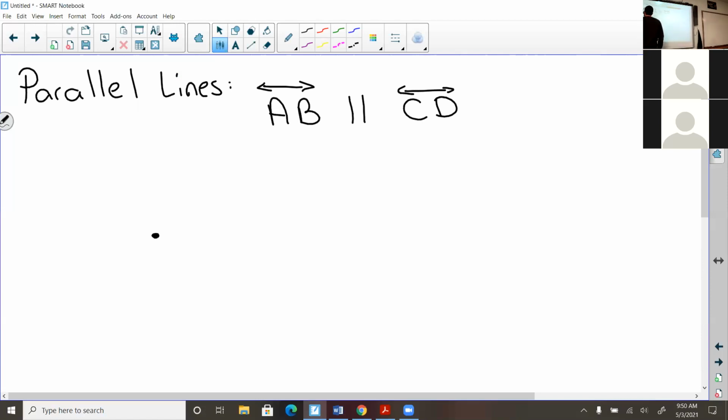To draw this situation, that means I have something like this going on. I put the little arrows in the middle to show that they are parallel, but I have line AB and line CD, and they're going along and they are parallel.